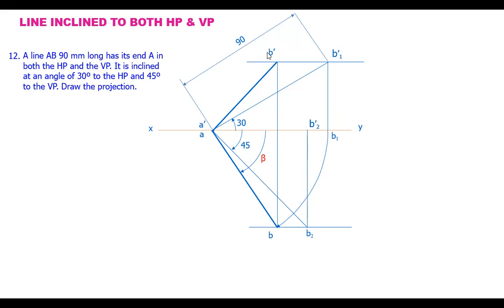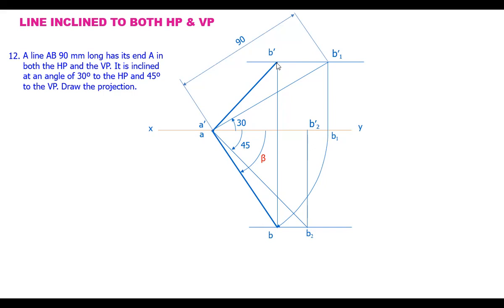If you draw that way, you can draw the projector and check whether these two projections, B and B dash, are lying on the same projector or not. If they are lying on the same projector, the problem is right. Even now, suppose I draw an arc here from A dash as center, A dash, B2 dash as radius, it must pass through B dash.